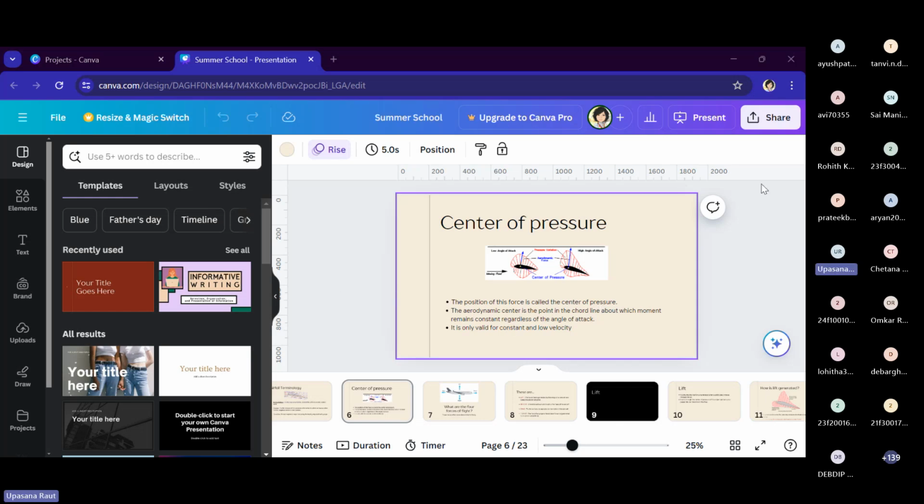Okay. Is it enabled? I think I have. No, still not, Apsana. Still showing me the same message.